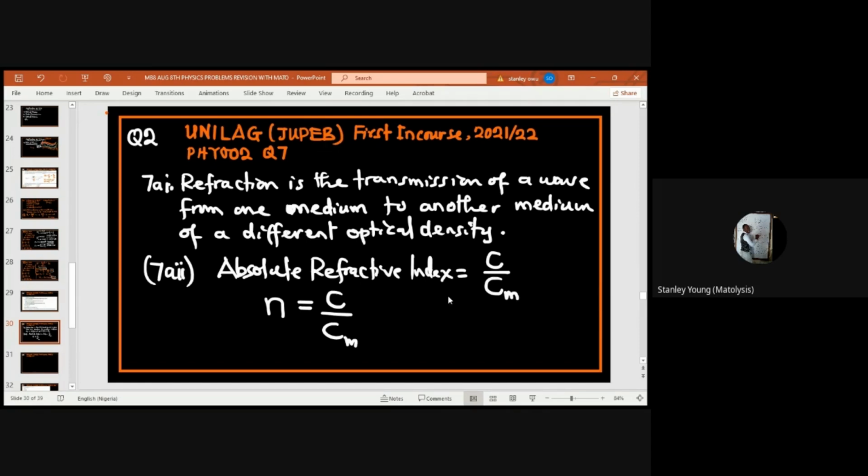Sorry, did I say sound? Light, I mean. Which kind of error is that? So we have speed of light in vacuum, and this one means speed of light in a medium.